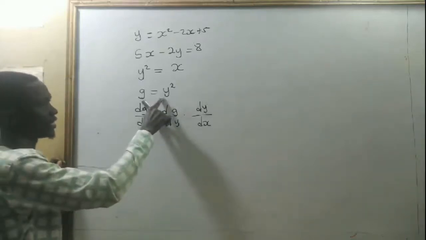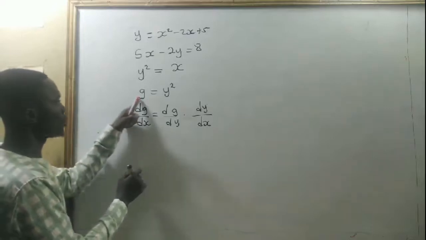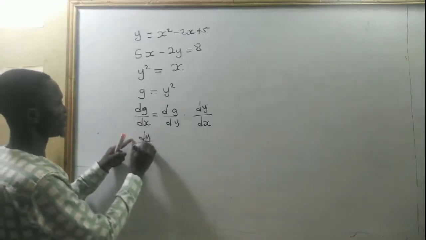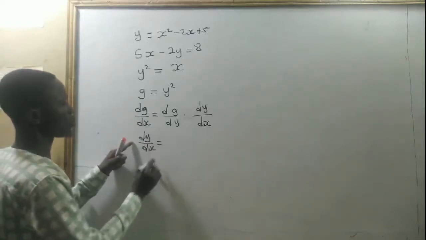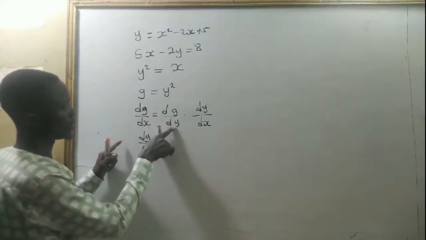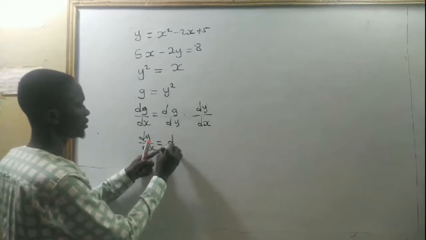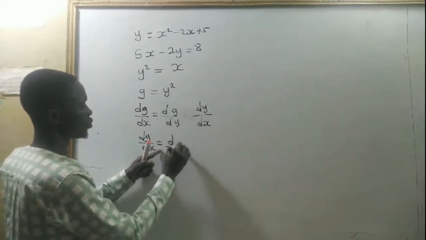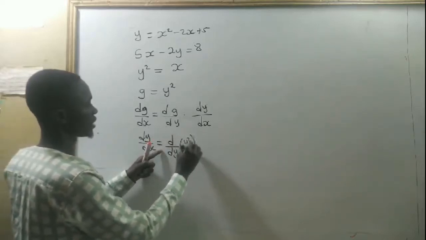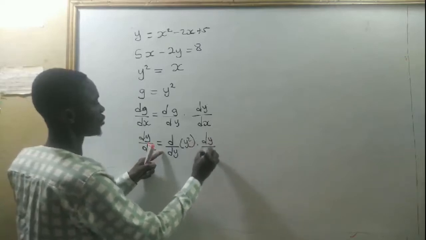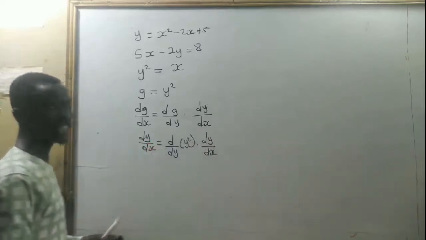So now let's differentiate. The derivative of g with respect to x is equal to dg on dy, and what is g? y squared. So we take the y squared, times the derivative of y with respect to x, so that we can maintain the chain.